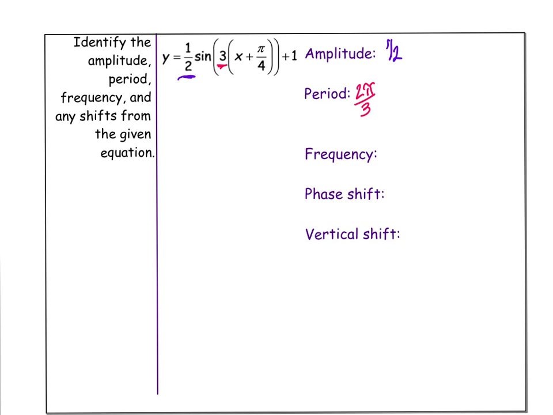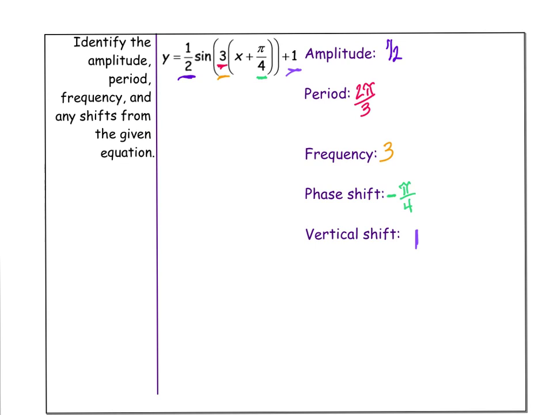My frequency is still the absolute value of b, so this is 3. My phase shift in this equation is just negative c, because b is already factored out, so my phase shift is negative pi divided by 4. And then my vertical shift is 1, so I'm going 1 up. And that's it.